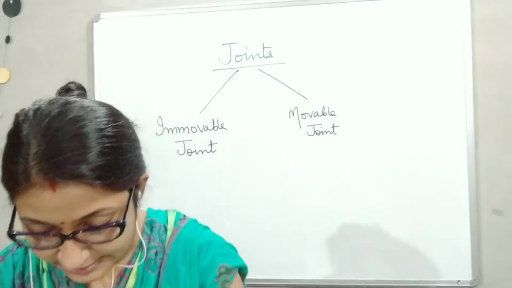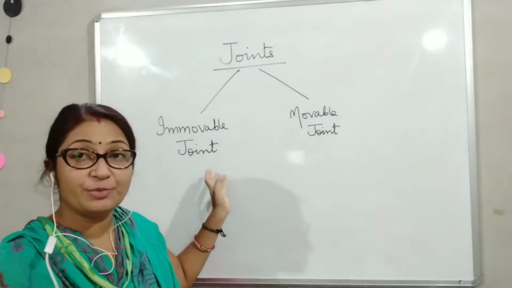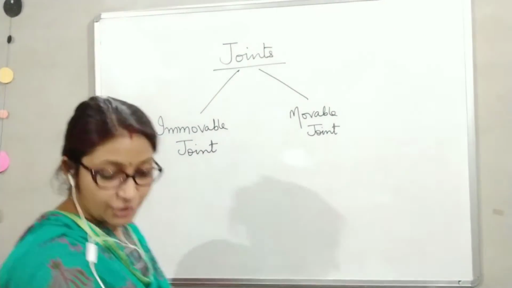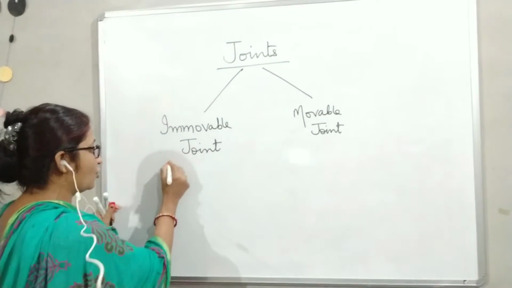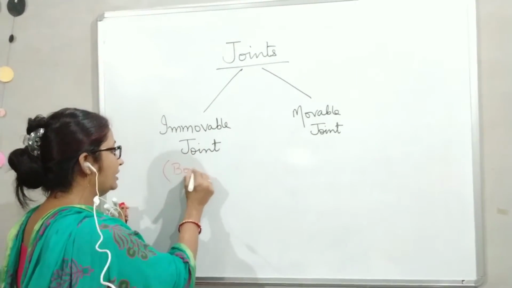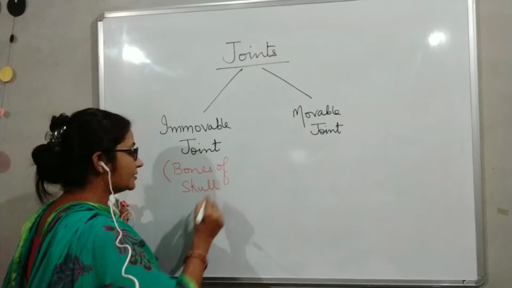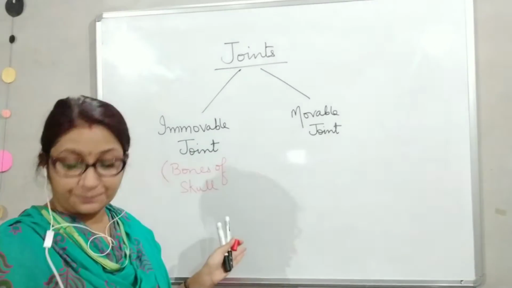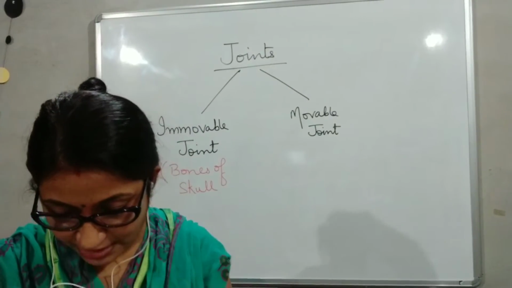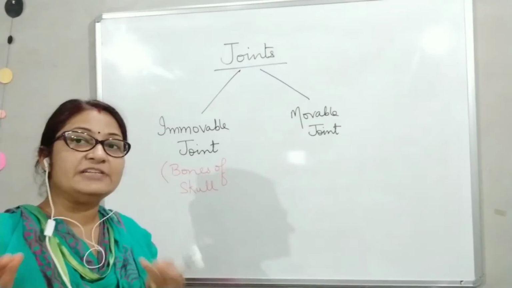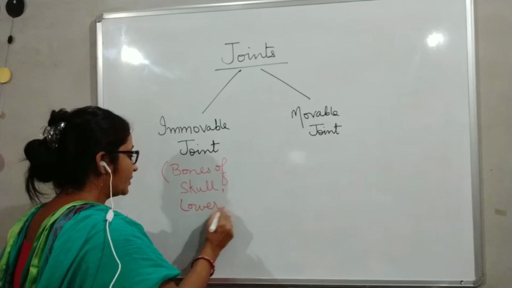So which are the places where such joints are present? You find these joints in the bones of the skull, and also in the lower jaw.